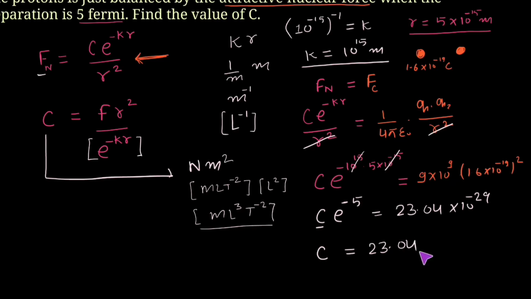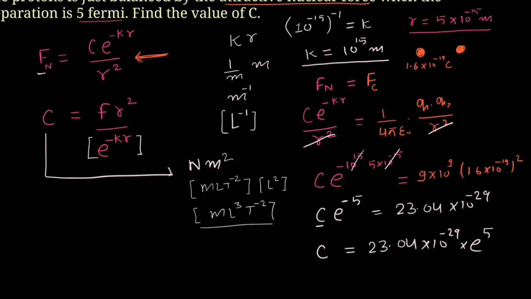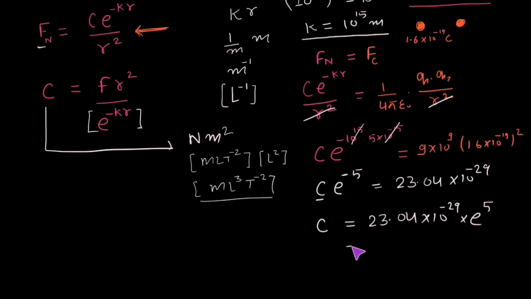So this would be e power plus 5. And the value of e power plus 5 is 148.41. If we multiply all these numbers, we will get the value of C as 3.419 into 10 power minus 26. The unit of C we have already found out, and the unit is Newton meter square. So this would be the second part of the problem.